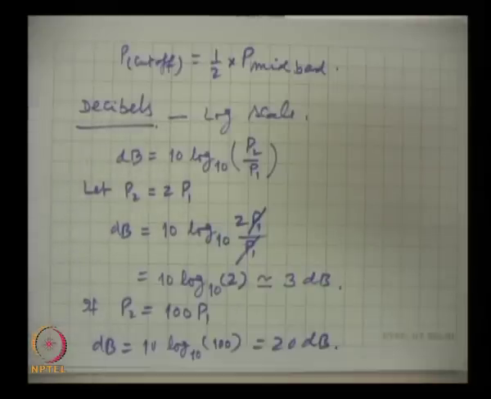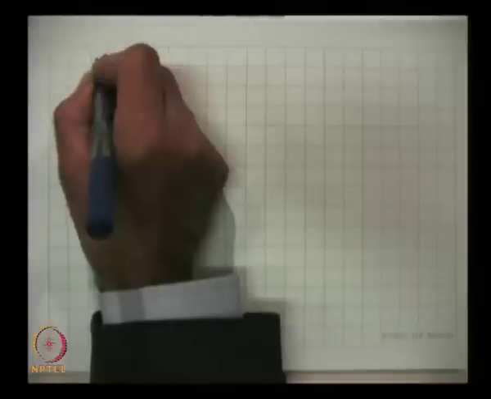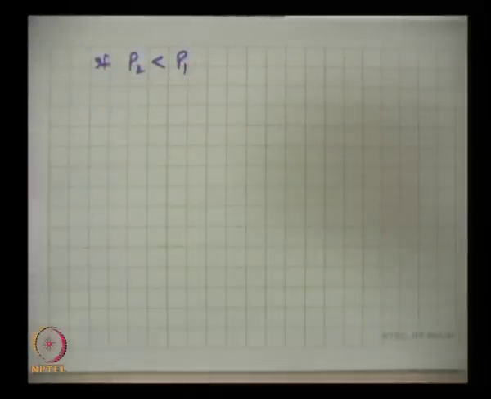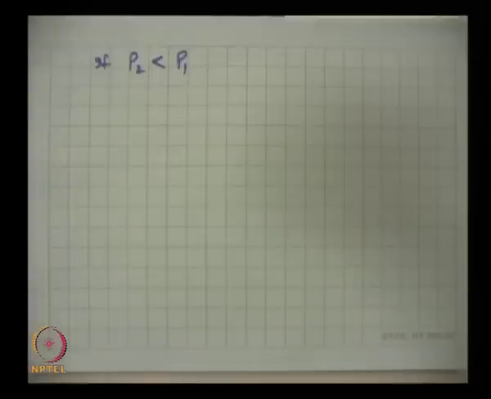Now, if P2 is less than P1, what does it mean? There is no gain. In fact, there is a power loss. In that case, it will come in dBs as negative.